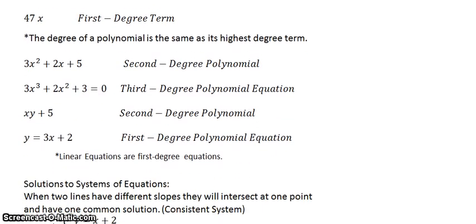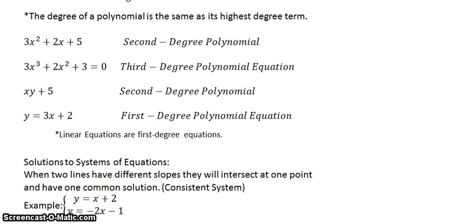Remember that the degree of a polynomial is the same as its highest degree term. So in this first example, that's a 2nd degree polynomial. It's a quadratic. And then in the next example, this is a 3rd degree polynomial equation. And this is an equation because it has an equal sign.